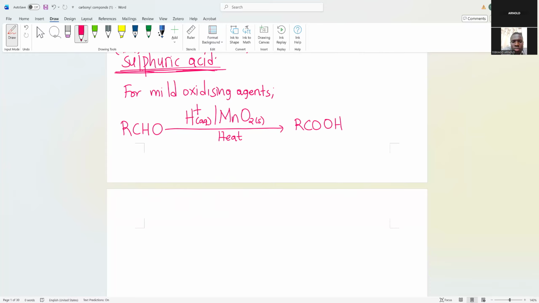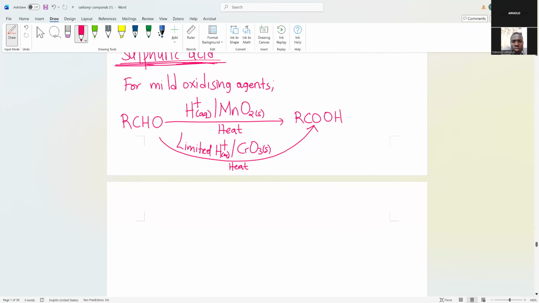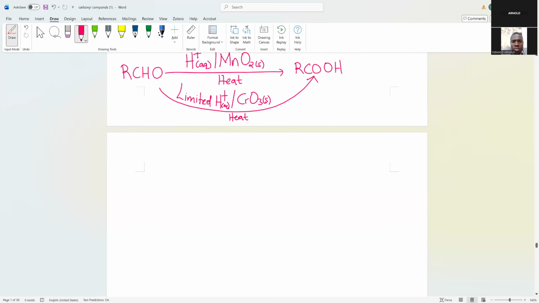Then we also have chromium 6 oxide acidified with dilute sulfuric acid. However, for the mild, remember that I have emphasized the first one, manganese oxide.